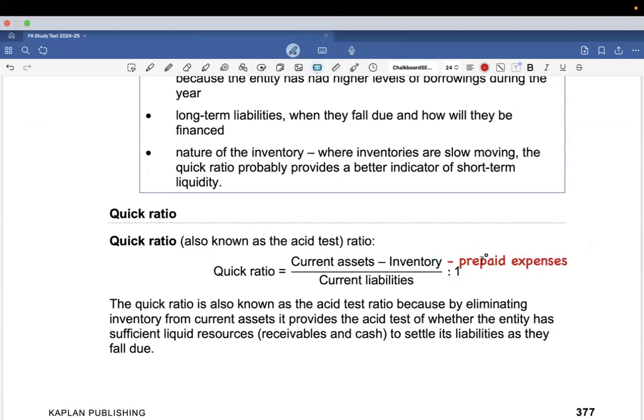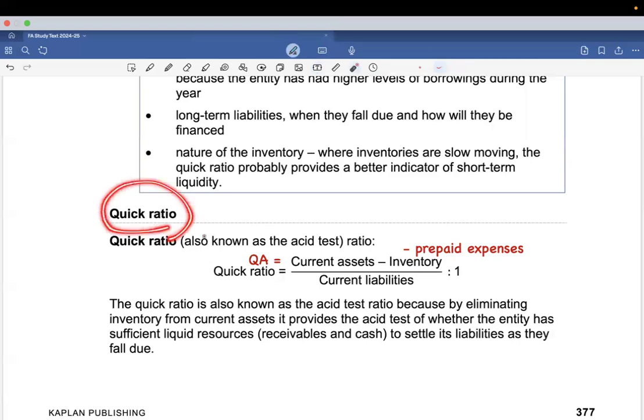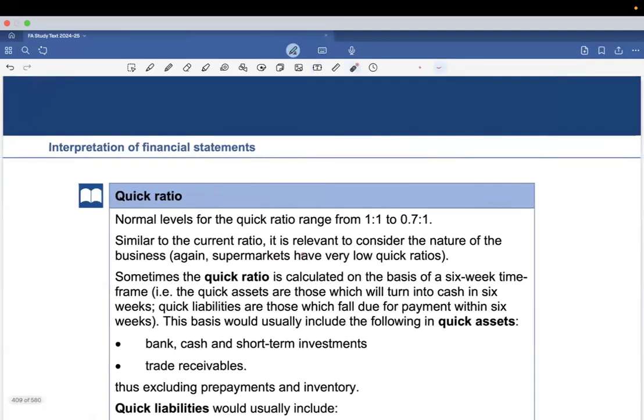So from the current assets, if you take off inventory and prepaid expenses, you get quick assets. Quick assets equal current assets minus inventory minus prepaid expenses, so write it down. Then you divide quick assets by current liabilities to reach the quick ratio. It tells us how much ready cash is available in the business.